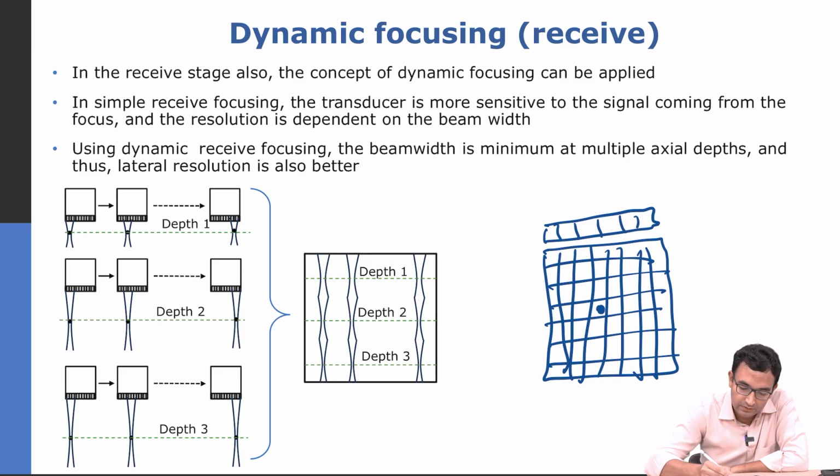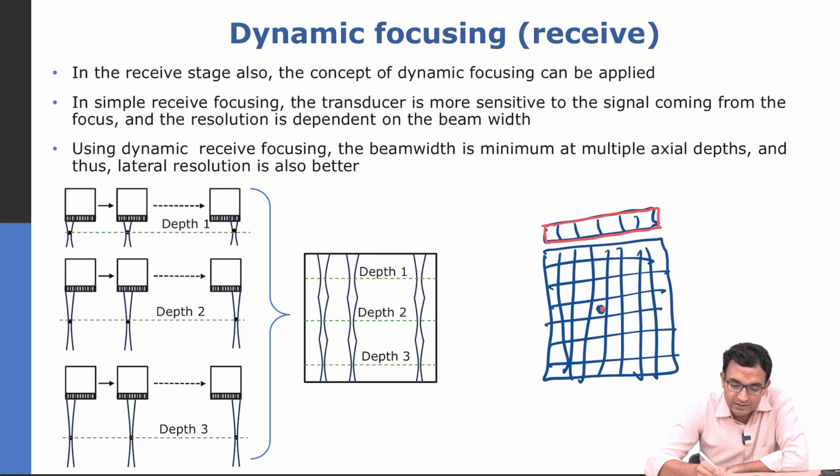Let me draw it with a different color. I am going to look at the geometry, and I am going to look at when the signal is going to arrive at all these elements, and then I am going to bring it in phase so that it sums constructively. And I am going to do this not only for this pixel, but for all the pixels.